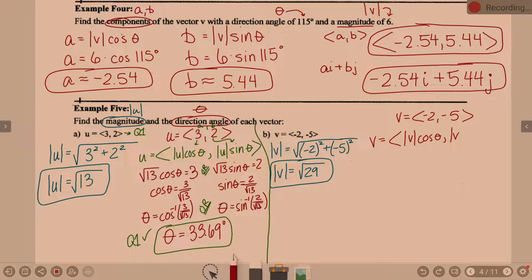The vertical component is the magnitude of the vector times sine theta. Take your pick. What do you want to set up? Technically, doesn't matter. Sine. Okay, Abby wants to set up sine. I'll be honest, I was going to go cosine. I went cosine. Carly went cosine.